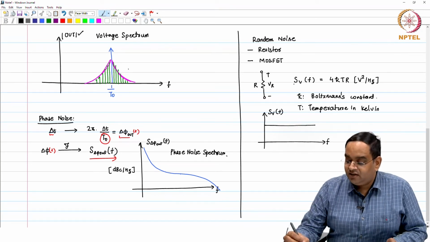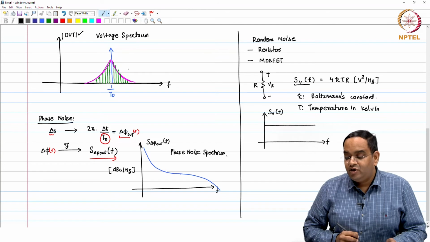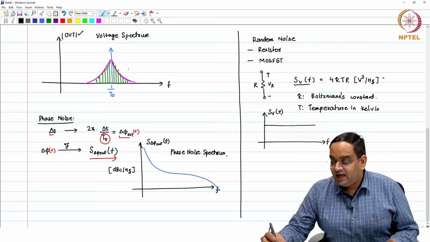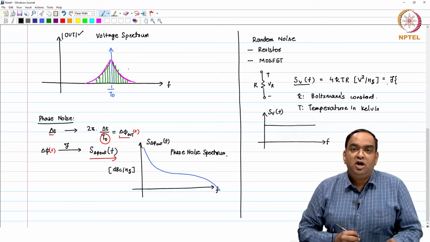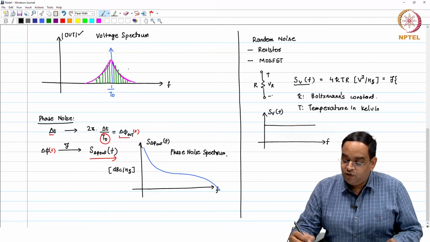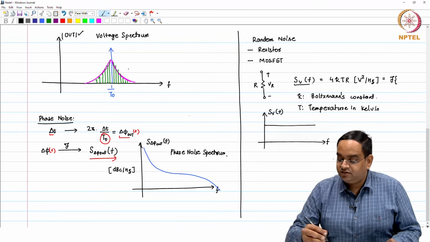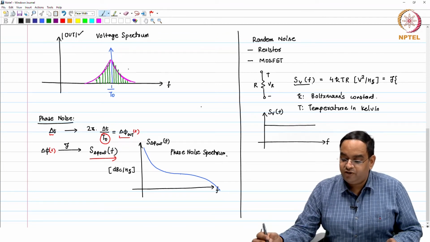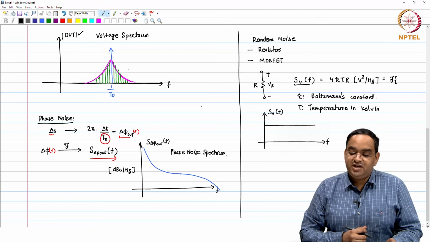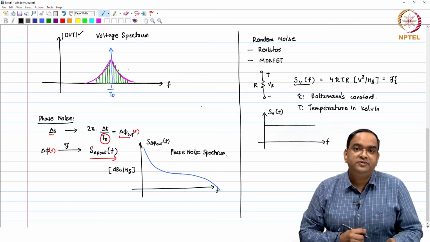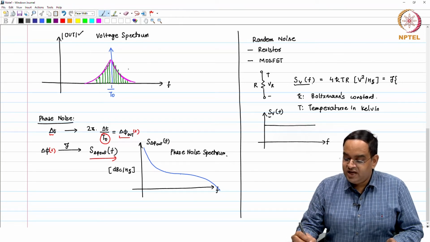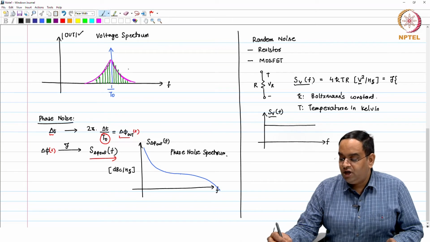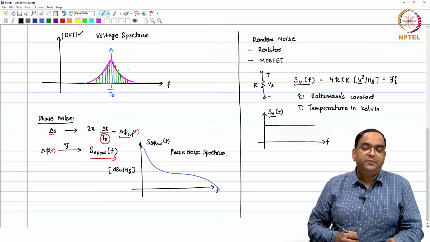By the way, when I talk about SV of f, what I am actually doing is calculating the Fourier transform of your voltage, in power terms. Okay. That is what we are measuring. So, SV of f has units of volt square, not volt.